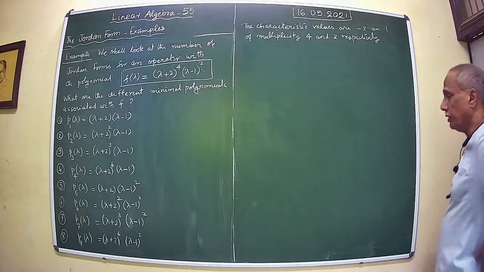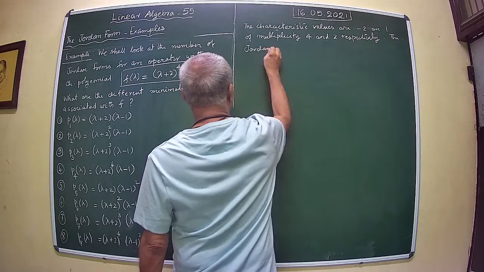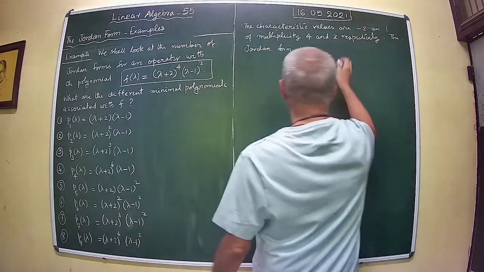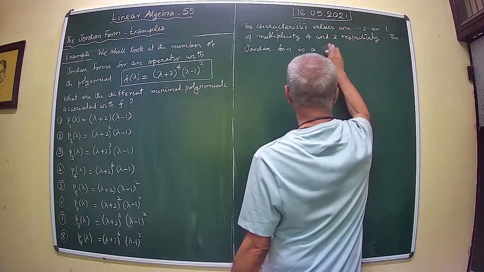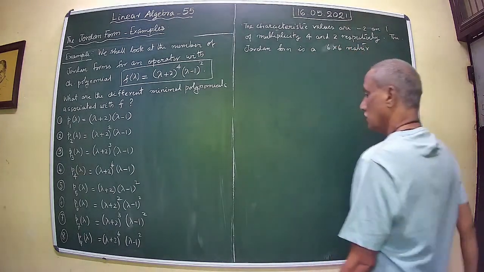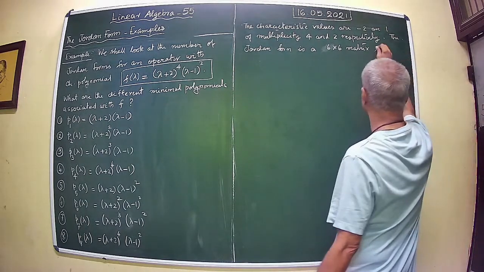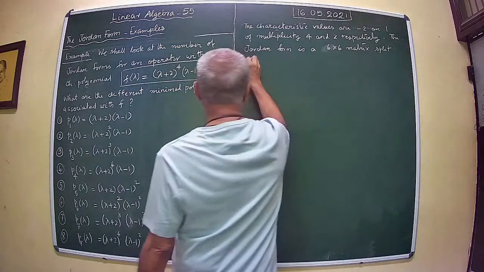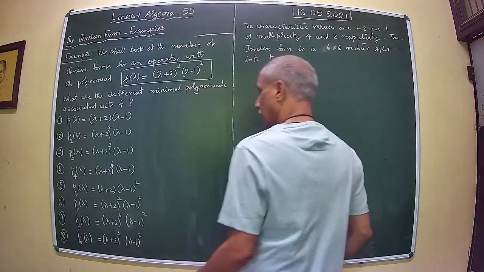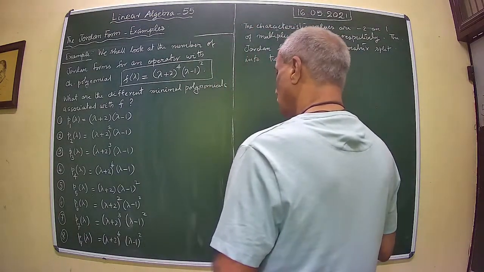Therefore the Jordan form is split into two blocks.